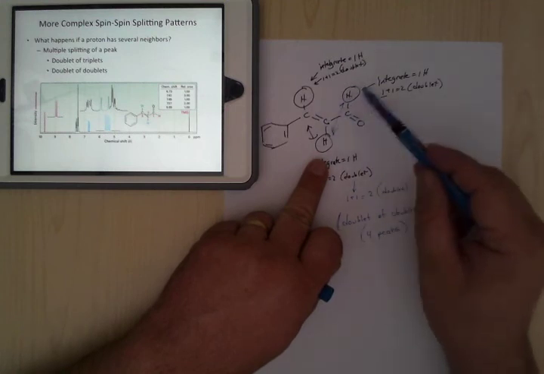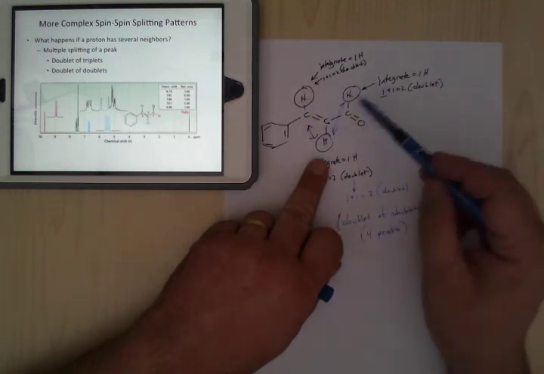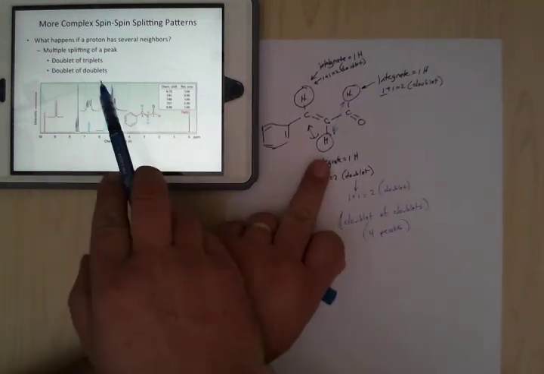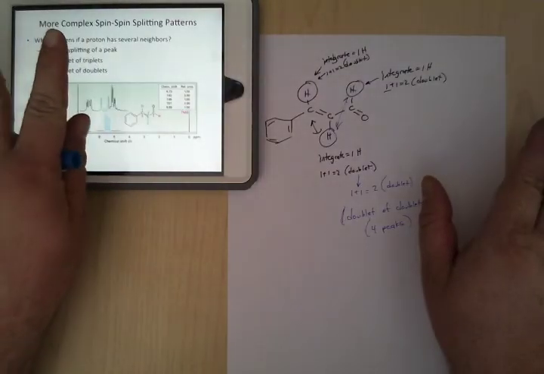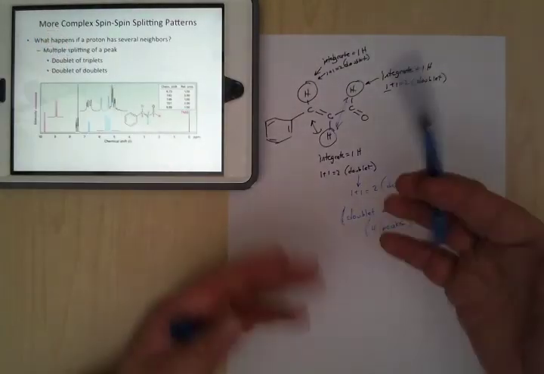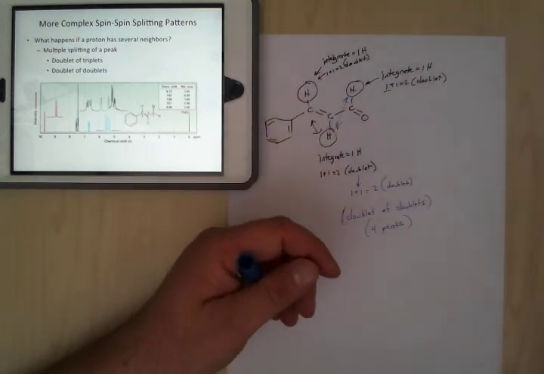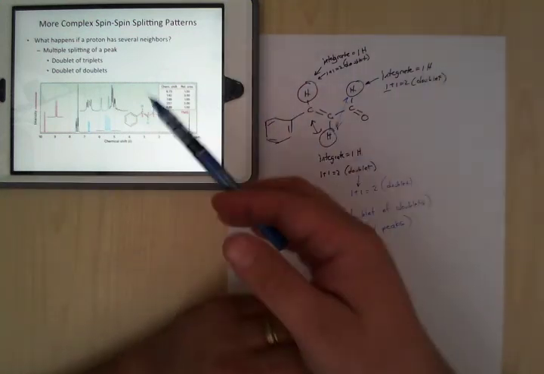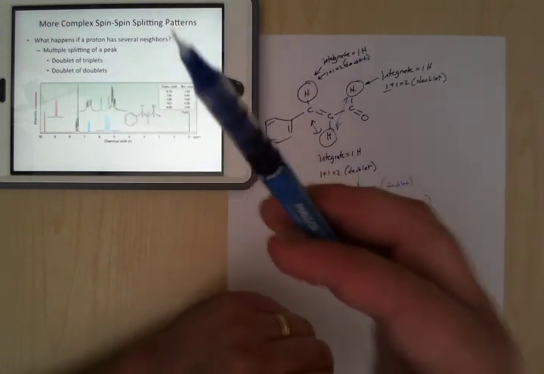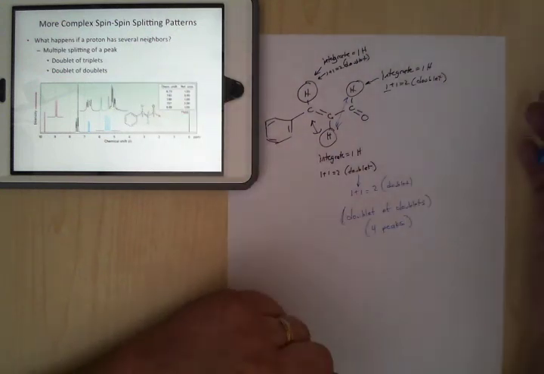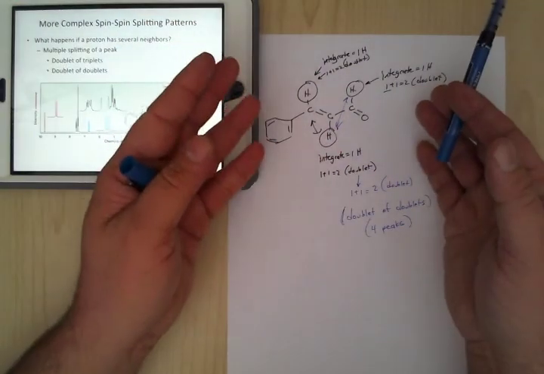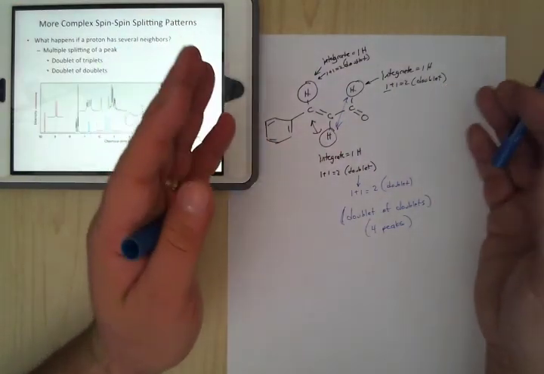It gets really crazy. But if you see something of something, that means you have things on both sides. If you just say doublet, that means you only have something on one side. If you have doublet of doublets or triplets of doublets or quartets of triplets, it gets really complicated, but that means you have neighbors on both sides.